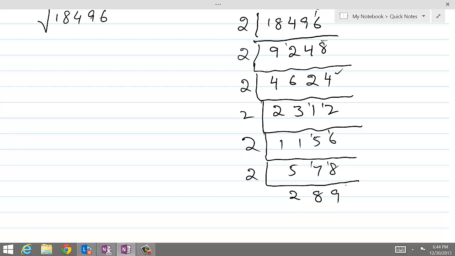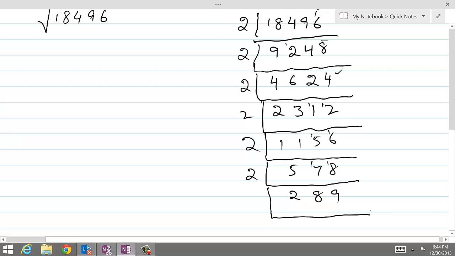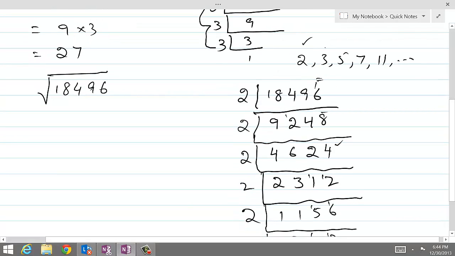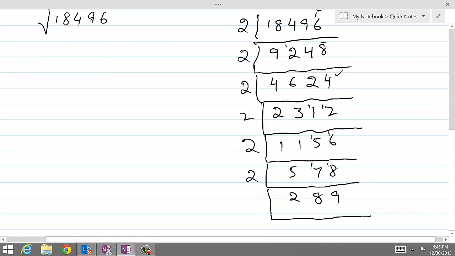I know for a fact that 289 is a complete square of 17, where 17 is a prime number. I know for sure that out of these numbers, 3 is not going to divide, 5 is not going to divide, 7 is not going to divide, 11 is not going to divide, even 13 is not going to divide, and the next prime number, 17, is going to divide.